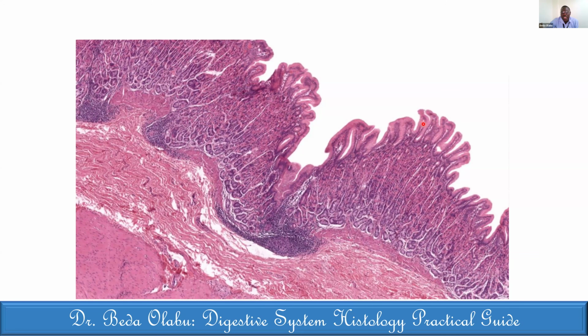So what are these? The emphasis is more on the gaps between those structures. And those gaps are the ones we call the gastric pits, so they're present here. And then you can see some lines going deep. Those are the ducts of the gastric glands.